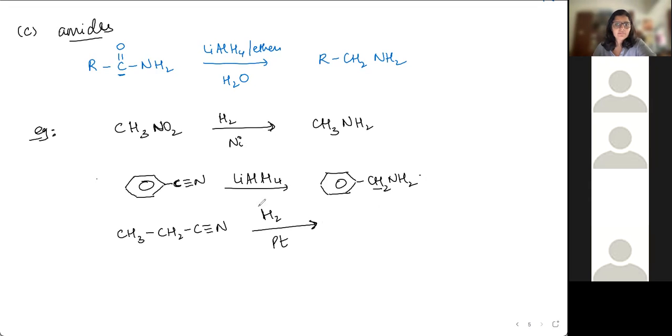So again, we're talking about reduction. So wherever you have a double bond or a triple bond, hydrogen will get added to it. So start from LHS, like CH3, CH2, there is no change because all of them are single bonds. Then what will happen?